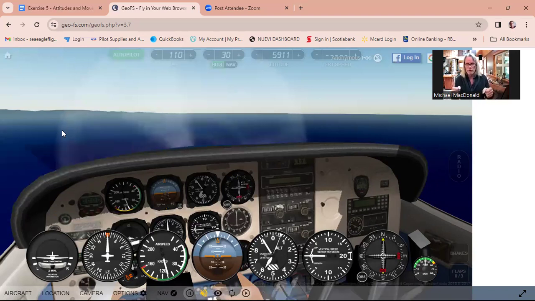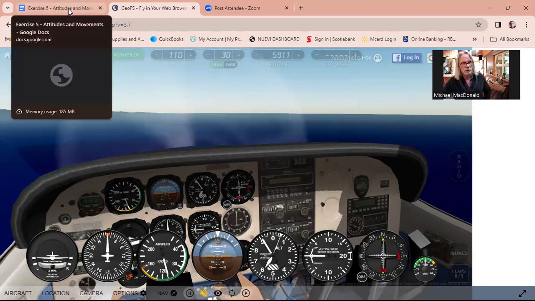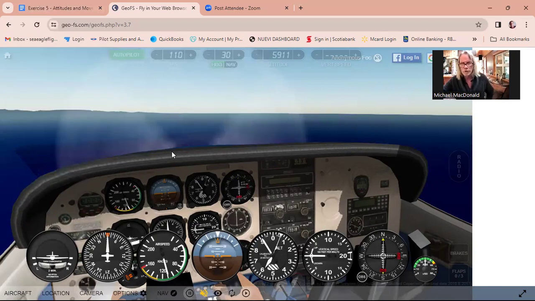The bank is done with aileron, right and left input, remembering that once you get to the desired bank angle, you have to neutralize it and the airplane will stay in the bank, more or less. All right. And then the yaw, which is more or less just demonstration. The pedals are used for more than just coordinating a turn, but that's a future lesson, which we won't talk about right now. And then we have this little grid here.